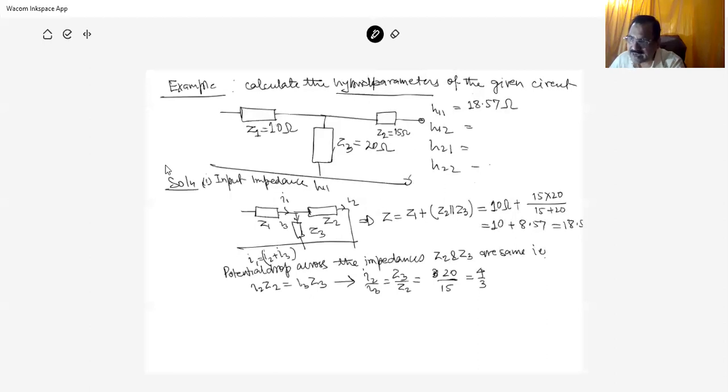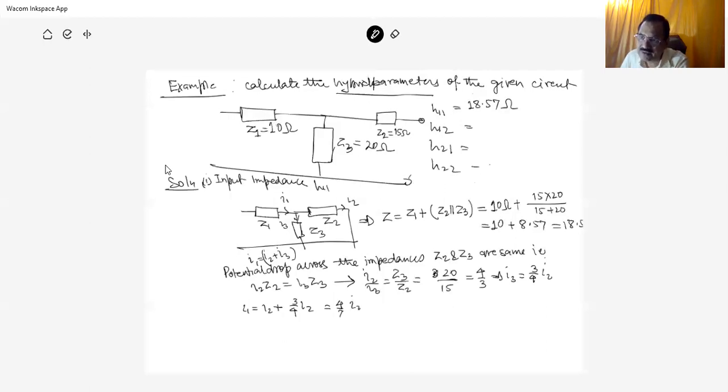So we can have I3 is equal to 3 by 4 of I2. So I1 is equal to I2 plus I3, and this gives I3 is 3 by 4 of I2. So this is 7 by 4 I2.